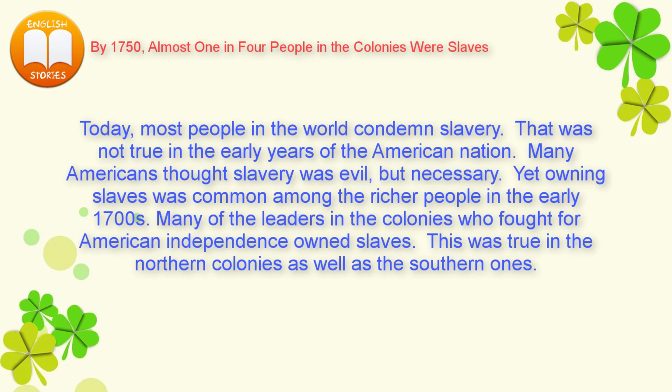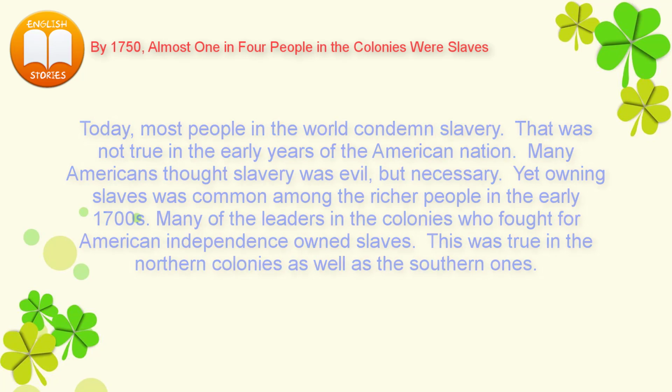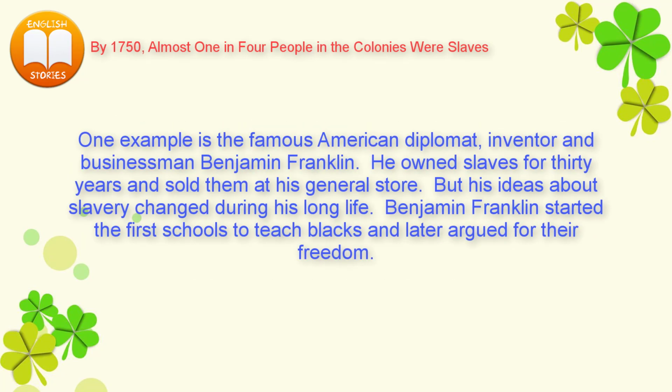Many of the leaders in the colonies who fought for American independence owned slaves. This was true in the northern colonies as well as the southern ones. One example is the famous American diplomat, inventor, and businessman, Benjamin Franklin.